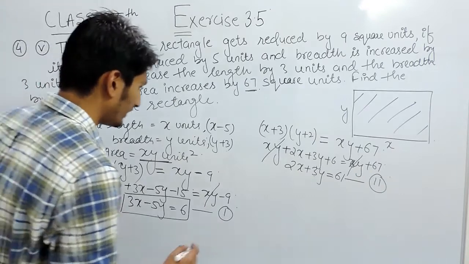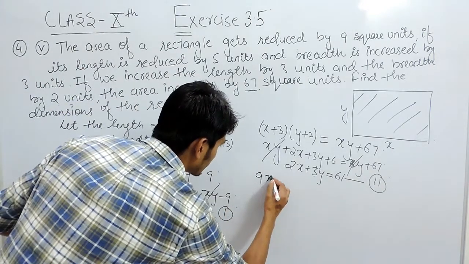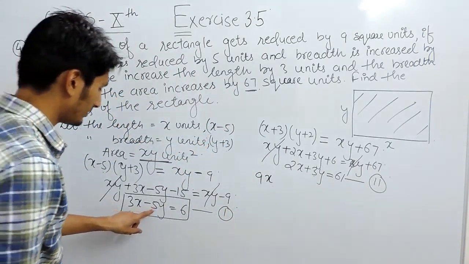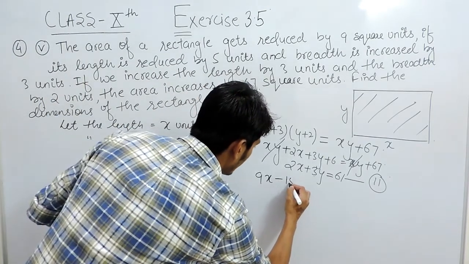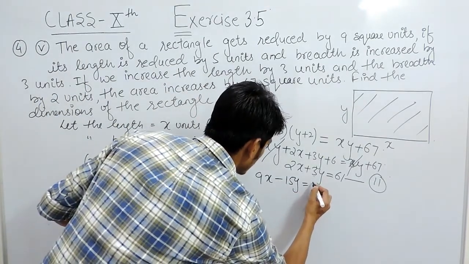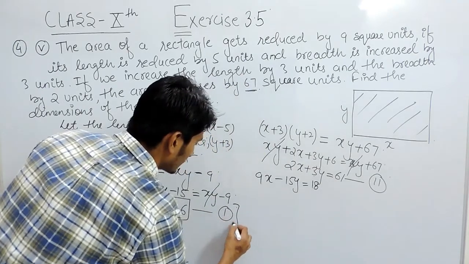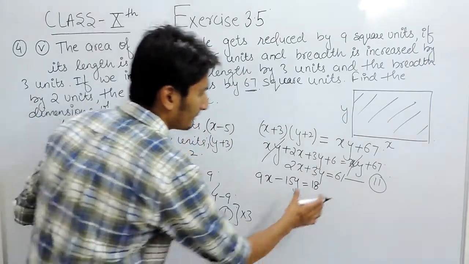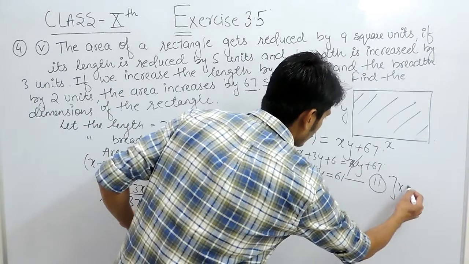Multiplying this equation with 3, this will become 9x, because 3 multiplied by 3 is 9. This is 15y and this is 18. I am multiplying this equation by 3 and this equation by 5.